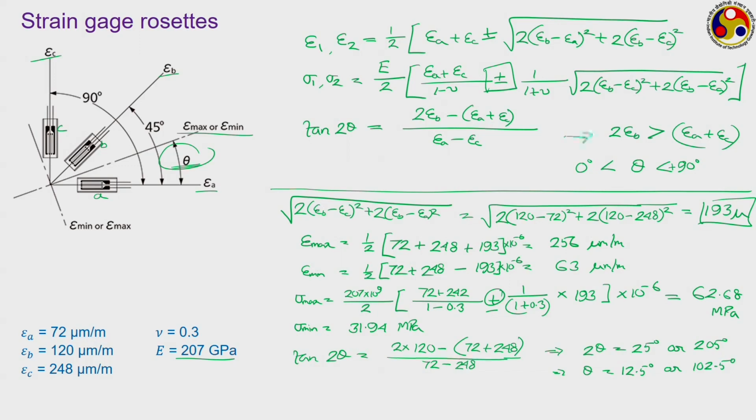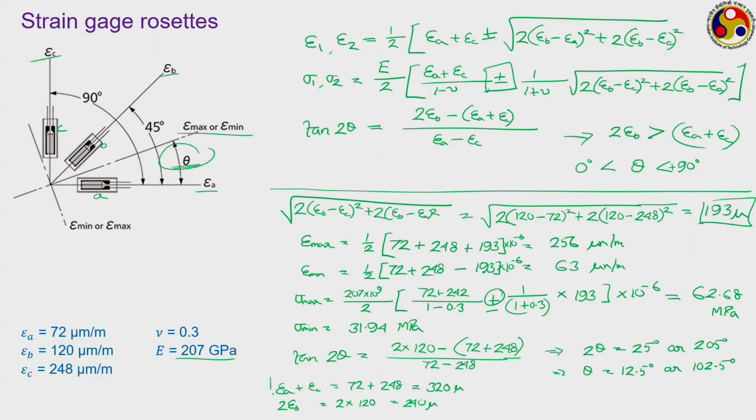That will come from this criterion. Let us check the value of epsilon a plus epsilon c. Epsilon a plus epsilon c in this case is 72 plus 248, that is 320 mu, and twice epsilon b is 2 into 120, that is 240 mu.